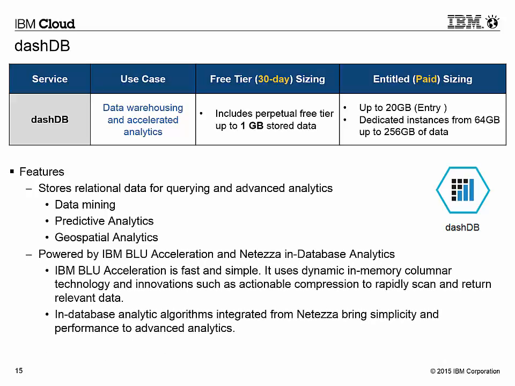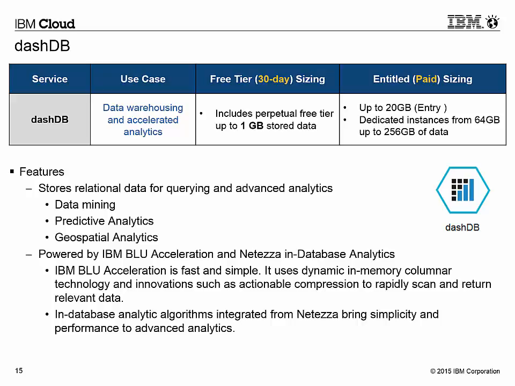Under the covers, it's powered by DB2 Blue Acceleration and some in-database analytics that were initially developed for the Netezza database appliances. Blue Acceleration is very fast, it's very simple. It's an example of an in-memory columnar database, and it does things like compress the data to allow more of it to fit in memory, and more importantly, it's blazingly fast on very complex queries, especially those that involve a lot of aggregation.